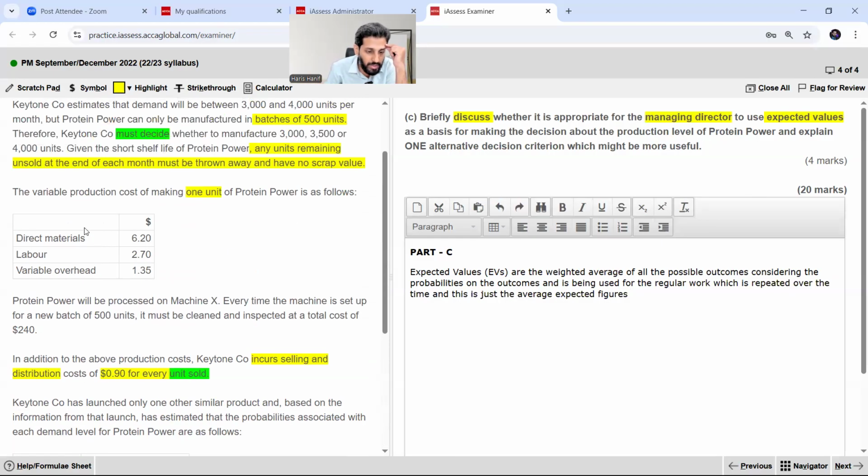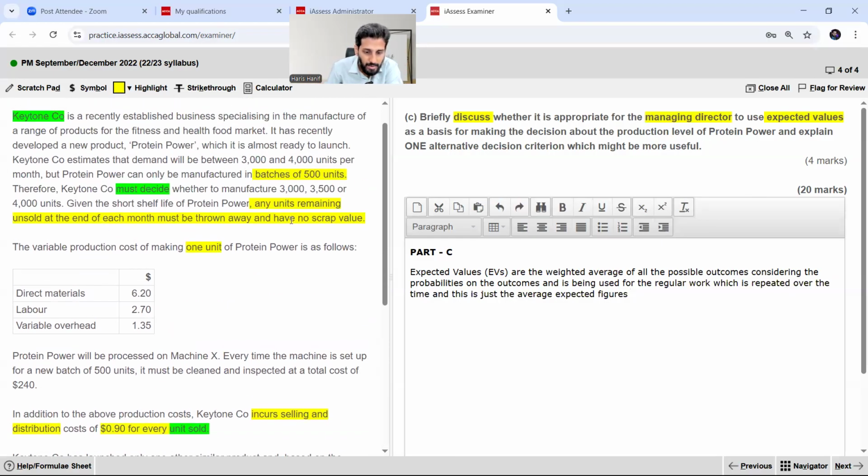But here it was written that it has recently developed a new product, so how can we apply this, right?